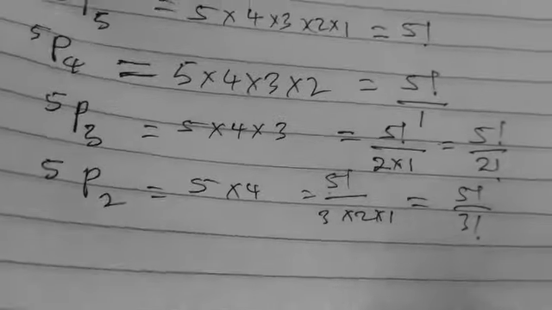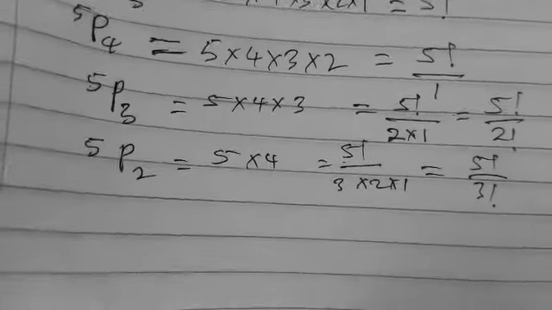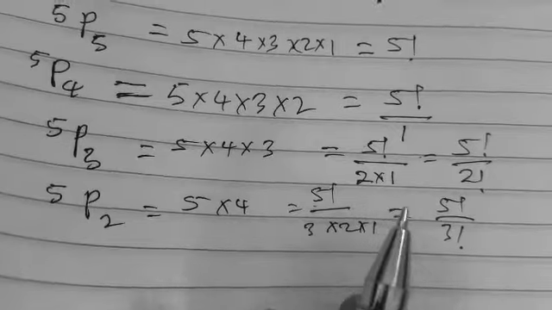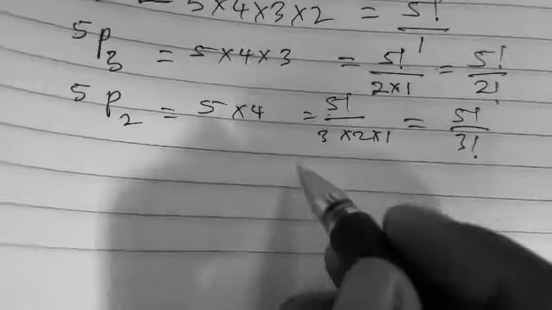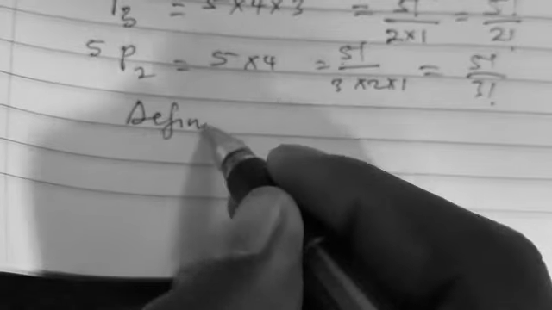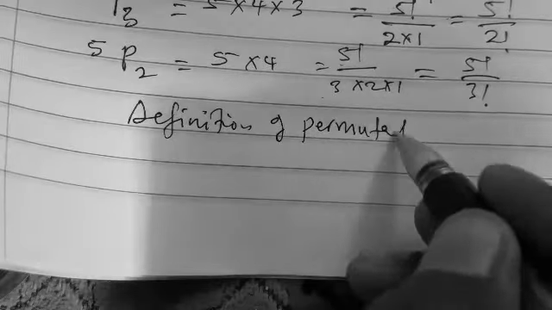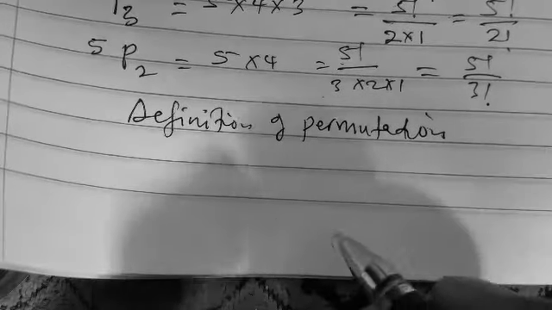So now idan muka duba wannan sai mu zo mu studying din some definitions. So the definition, we study some definition of the concept permutation.